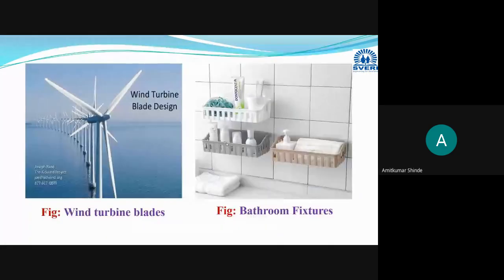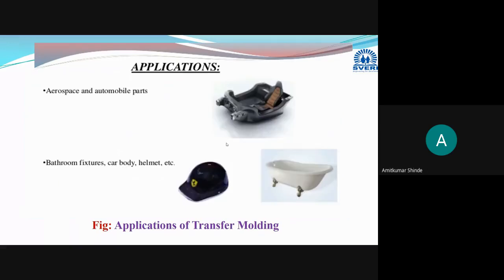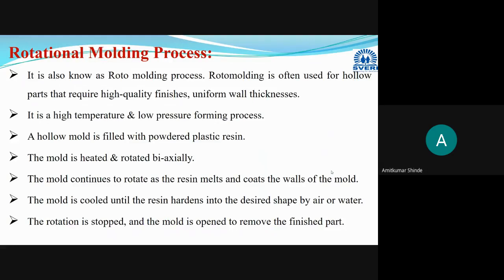These are a few applications: wind turbine blades, bathroom fixtures, aircraft parts, boat hulls, and then automobile parts, some helmets, bathroom fixtures. So after this, we will move towards the rotational molding process. If you are having any query, you can ask me.